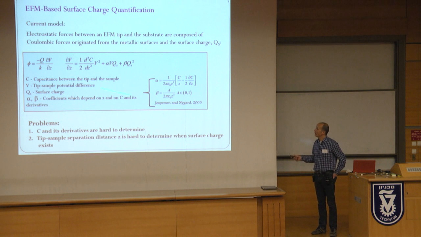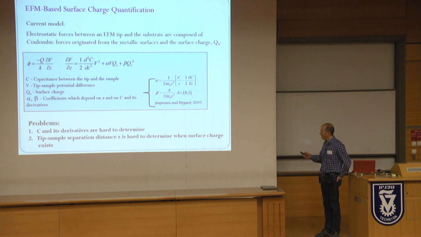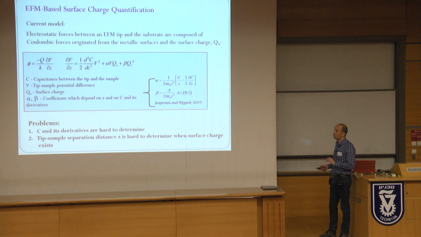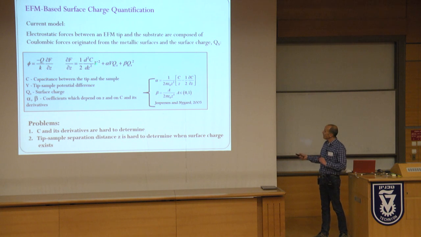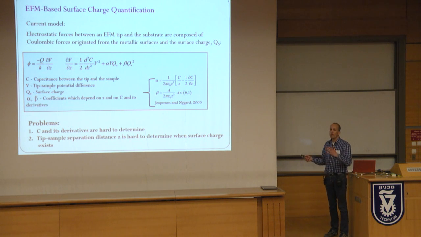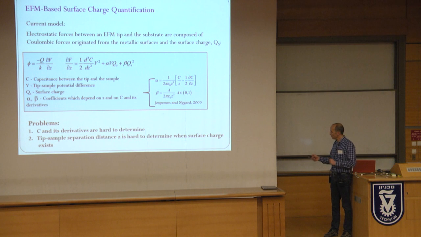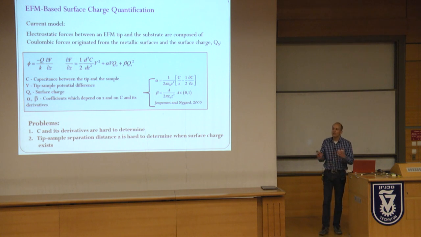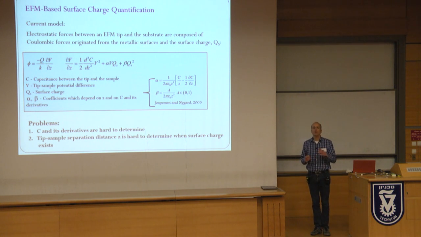For EFM, there's a lot of research, a lot of formulas. Because time is quite short, I want to focus on quite a few things. The derivative of the force, you can think about it like the regular electrostatic capacitor, but it creates a lot of terms. These terms, like alpha and beta, really depend on a lot of models. Why are there so many models? Because modeling the cantilever interaction with the surface is very hard. Even when the surface is metallic, it's not simple.